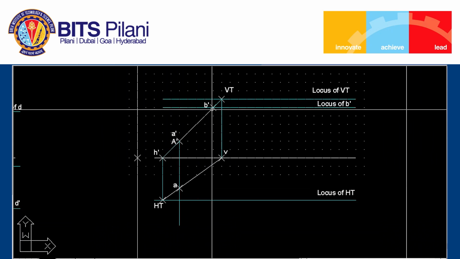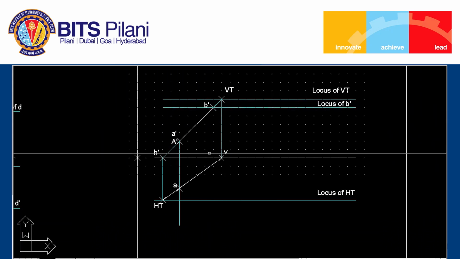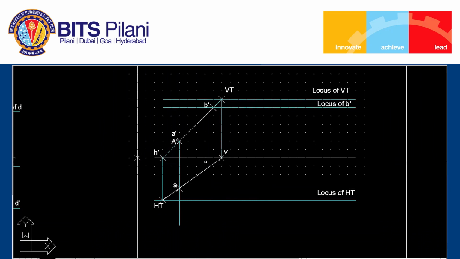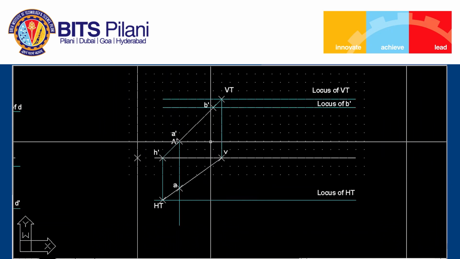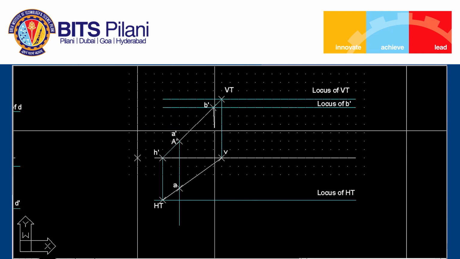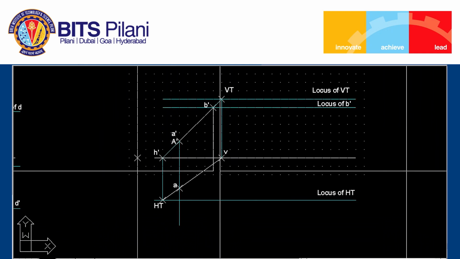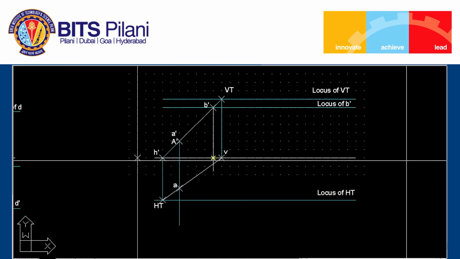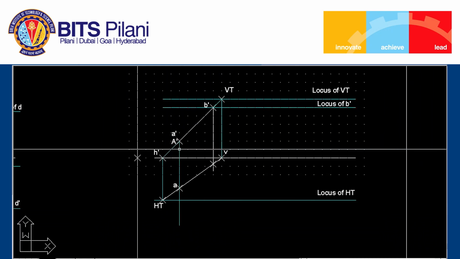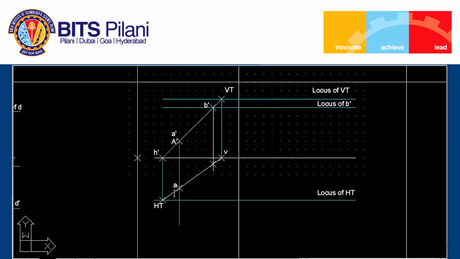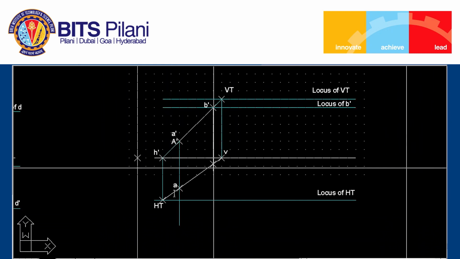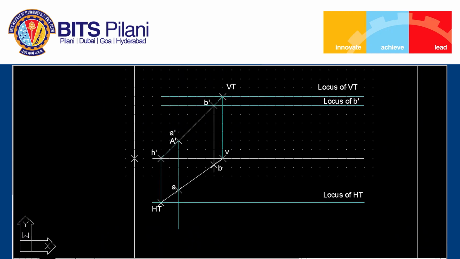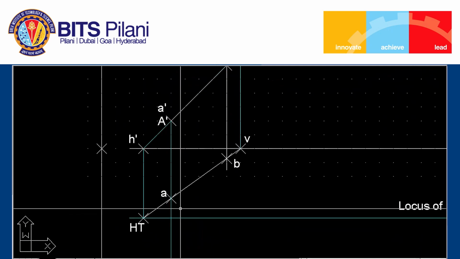In a similar way, the projector passing through b prime will intersect the line joining all the top view points, and that will be nothing but the point small b, because small b is the top view point. So well, we'll do the better finishing here by trimming the line and changing the color.